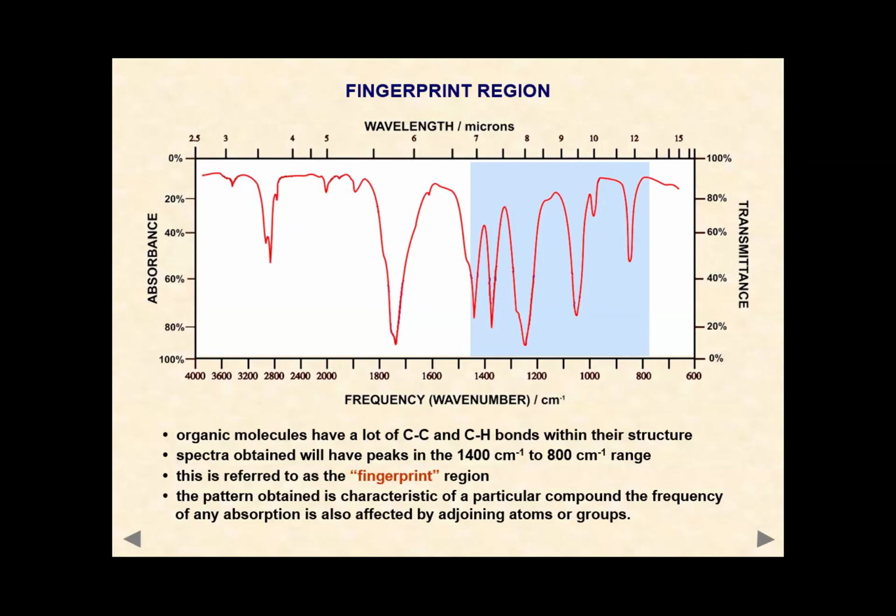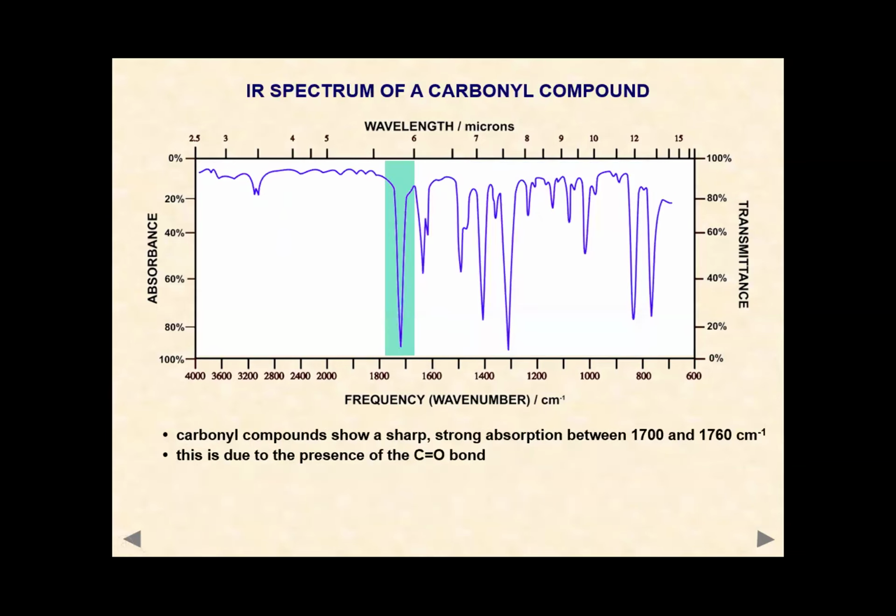All right, good. Now here it is. Now they have mentioned it. I have highlighted the green or aqua belt, which is around 1750. The carbonyl compound shows a sharp, strong absorption. It's written underneath, I'm reading it from there: strong absorption between 1700 and 1760 per centimeter.